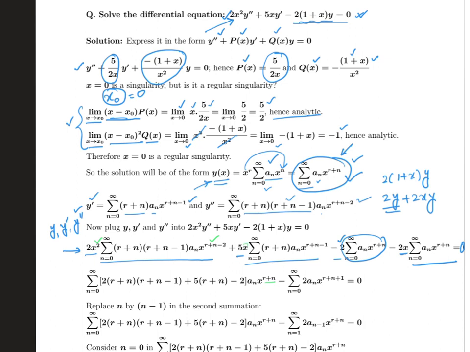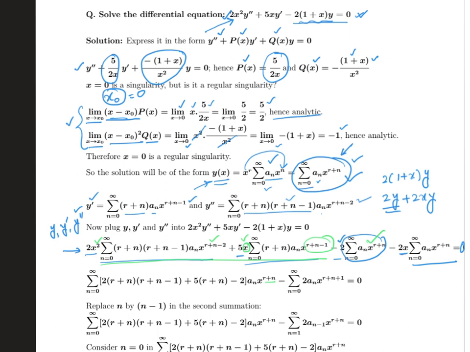And the same thing here, if you look at this x and bring it inside the summation, this is going to give you x to the power r plus n, because r plus n minus 1 plus 1 due to x is going to give you r plus n. So in essence, these two summations have the same power for x. In addition, this one also has the same power, x to the power r plus n.